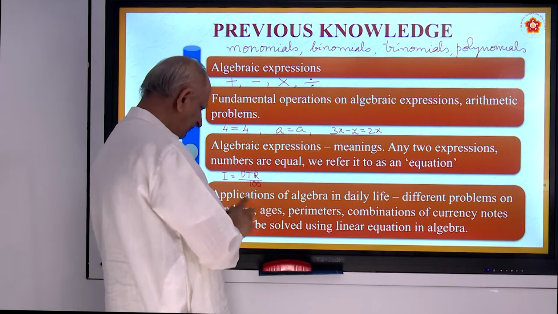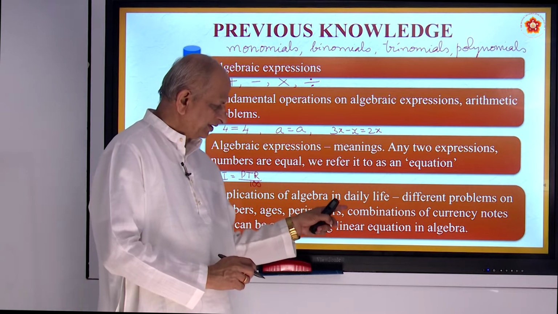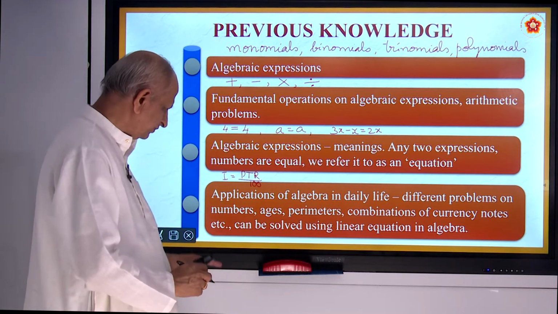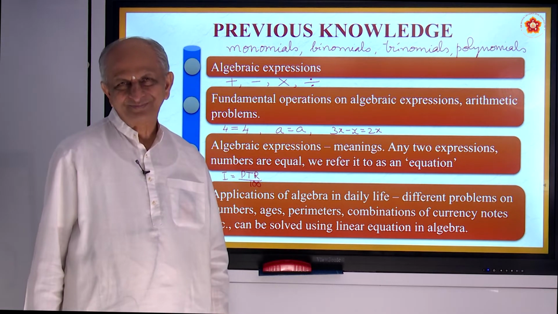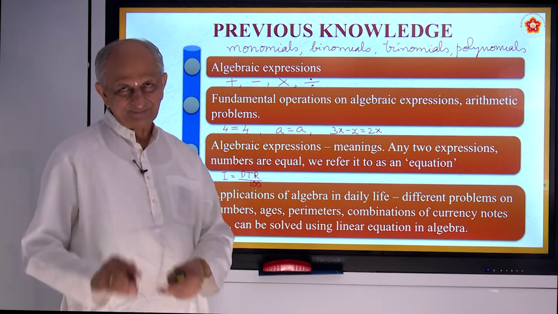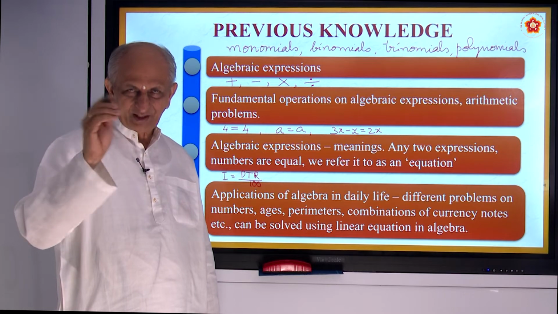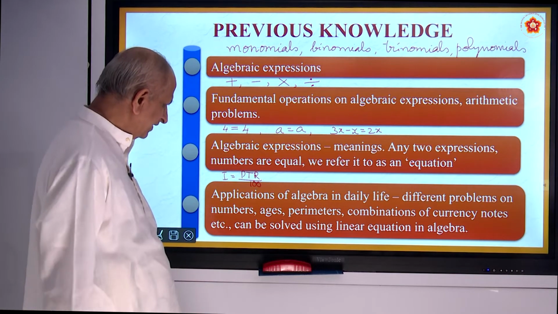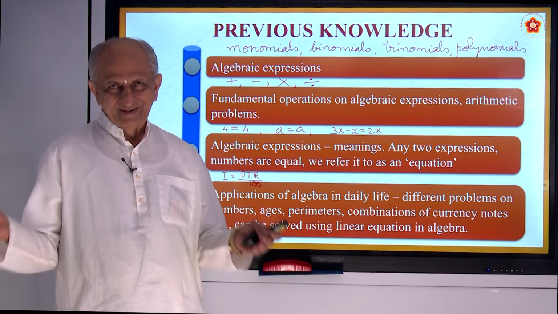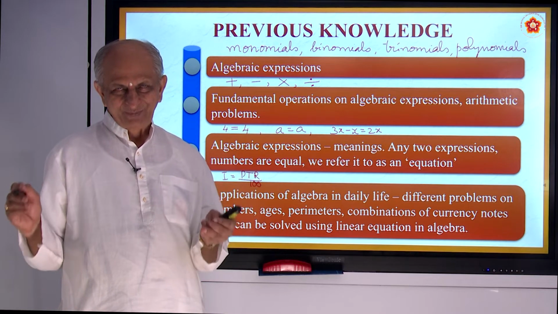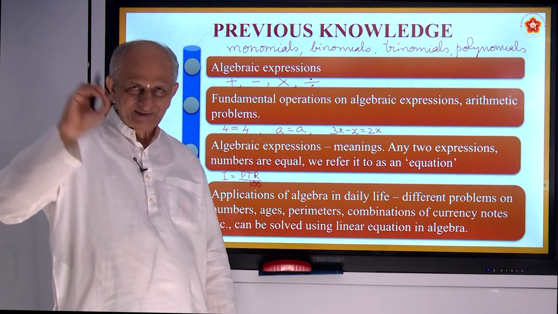See, problems of numbers, ages, perimeters, combinations of currency notes, etc. can be solved using linear equation in algebra. So, linear equation comes into the way, comparing the ages of father and son, mother and daughter, and finding the number of notes, a bag containing 5 rupees note, 10 rupees note, 100 rupees note, etc. The total currency will be given.